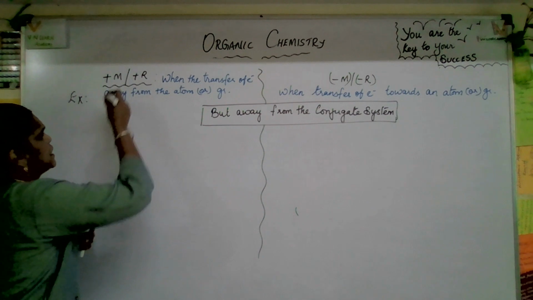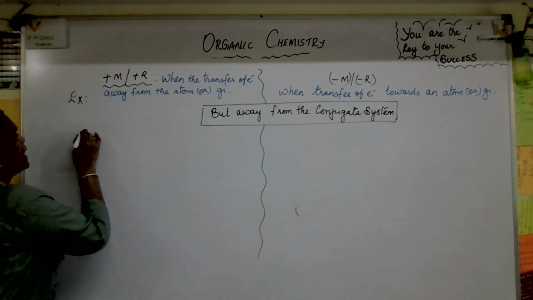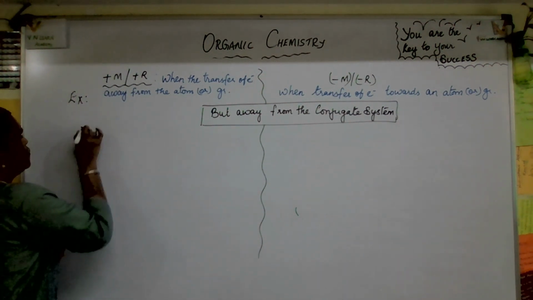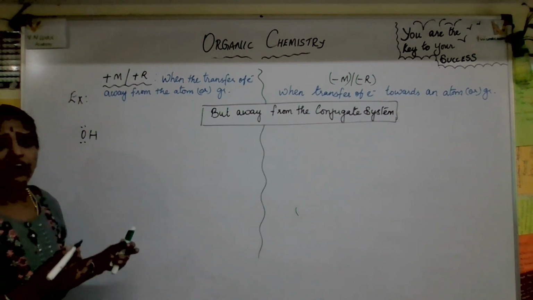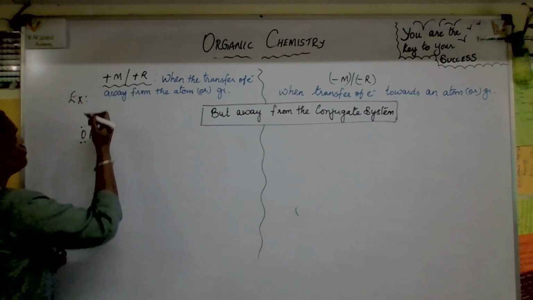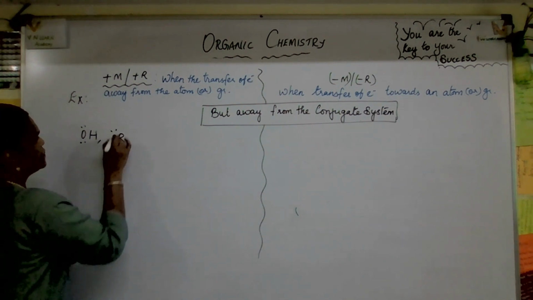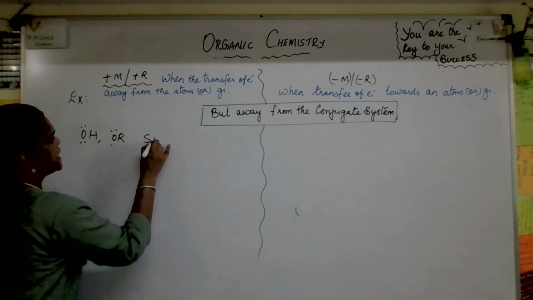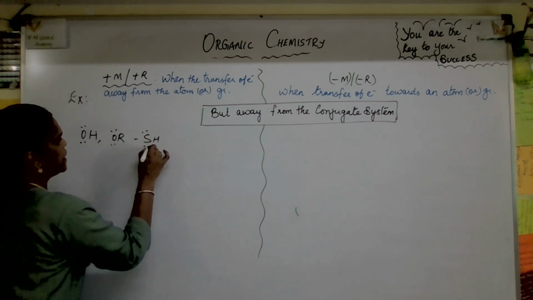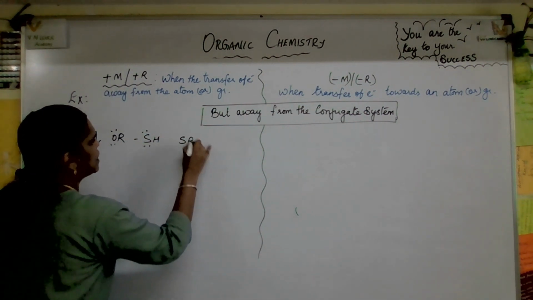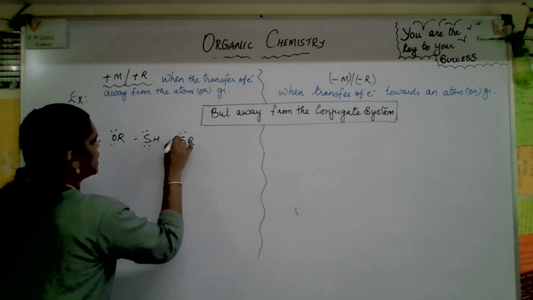Okay, we'll go for the plus M effect examples. Here OH, whichever has lone pair of electrons, we can say are examples of plus M. OH, OR. Now SH, lone pair of electrons, SR. I hope you got a clear idea.